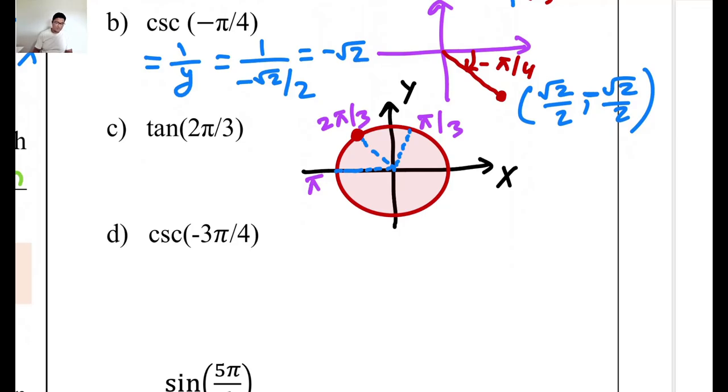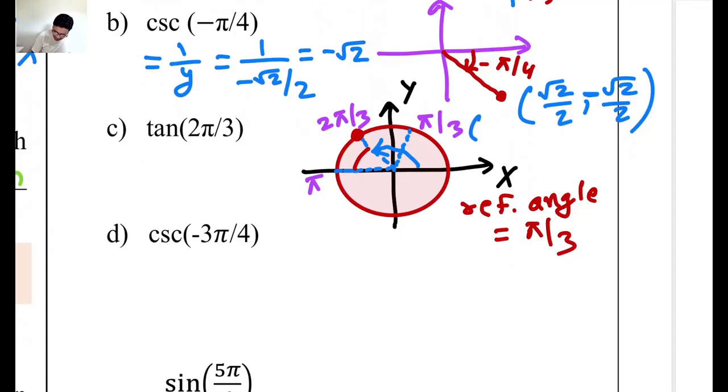For 2 pi over 3, I'm going to write here, the reference angle is pi over 3. If your measurement from here is 2 pi over 3, the reference angle is pi over 3. For pi over 3, the coordinates are 1 over 2, root 3 over 2, right?